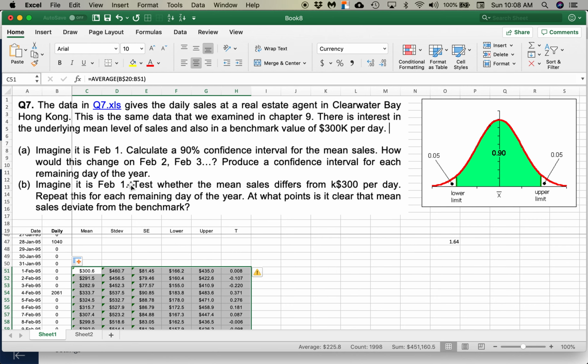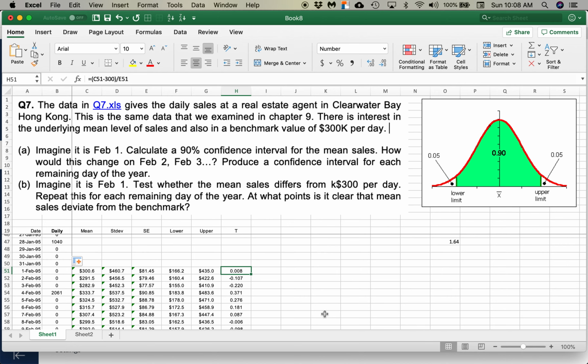Part B says, imagine it's February 1st. Test whether the mean sales differ from $300,000 per day. Repeat this for each remaining day of the year. At what point is it clear that mean sales deviate from the benchmark? Okay, I'm going to do something real quick here.